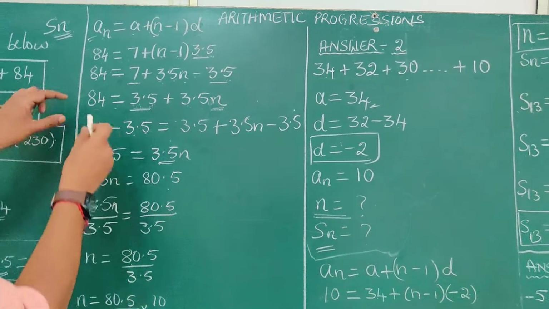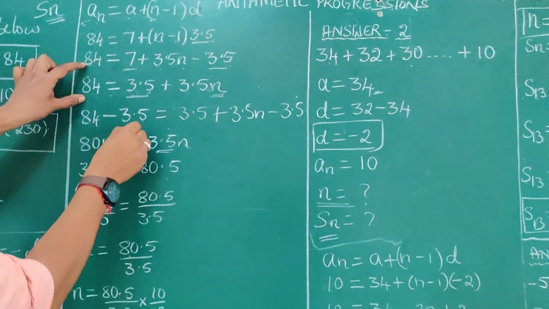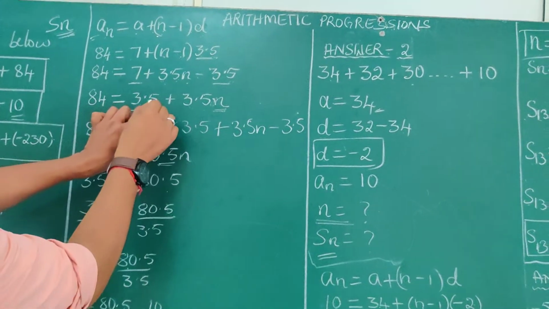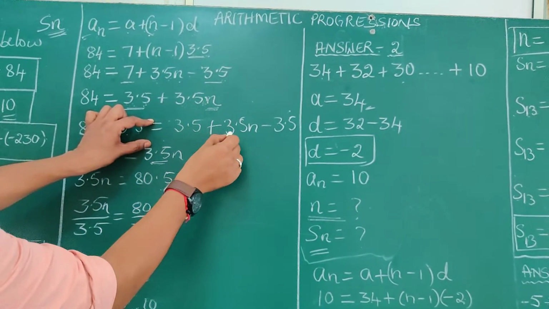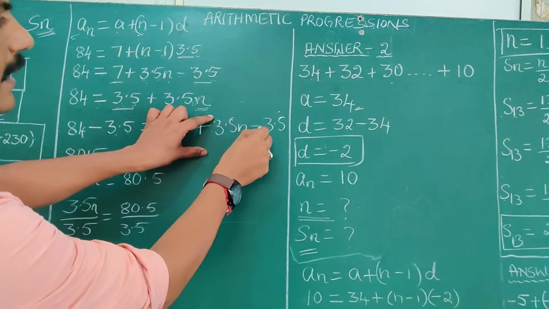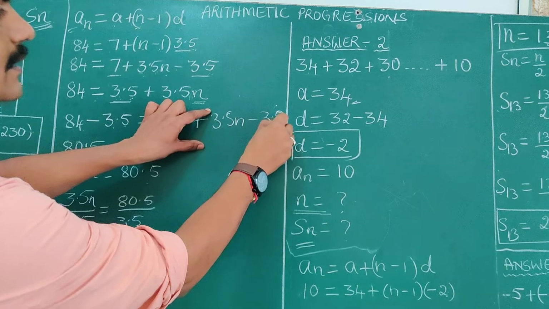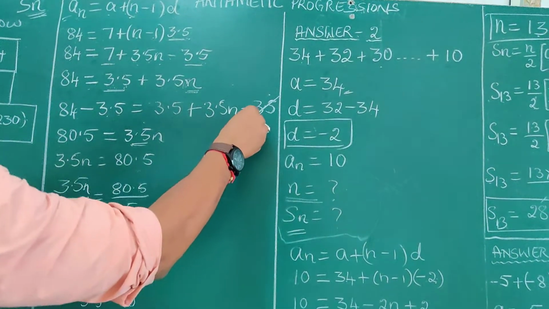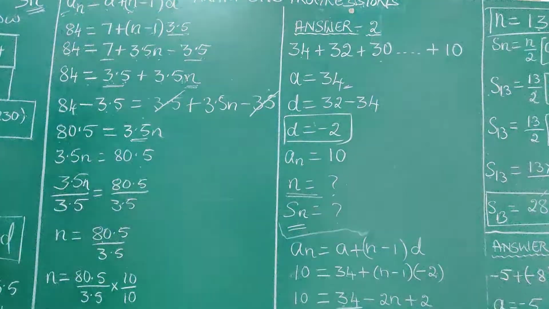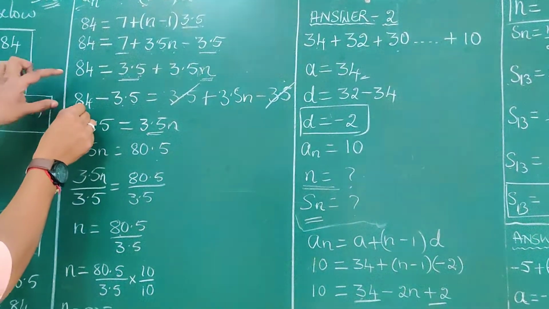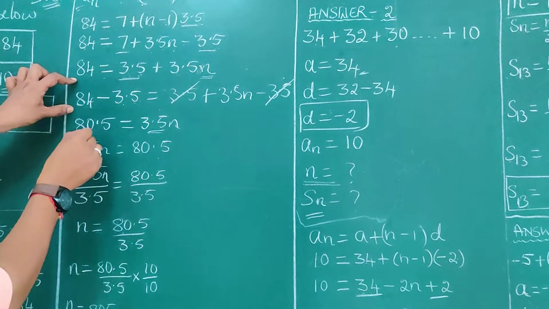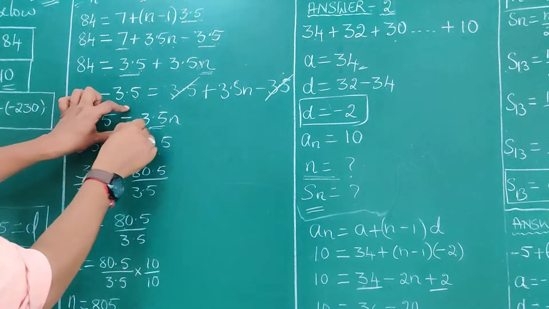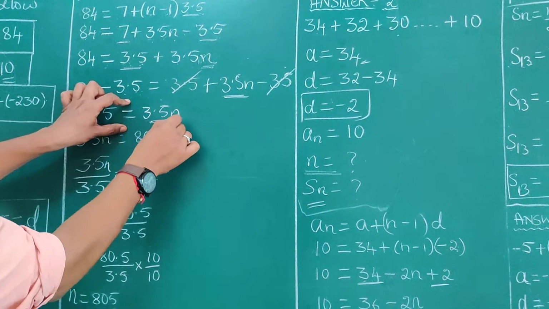So 84 minus 3.5 equals 3.5 plus 3.5n minus 3.5. This is the operation we have done on both sides. 3.5 plus 3.5 minus 3.5 gets cancelled. Now 84 minus 3.5 is 80.5, equal to 3.5n.